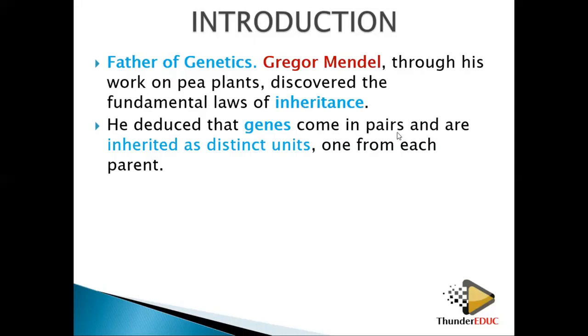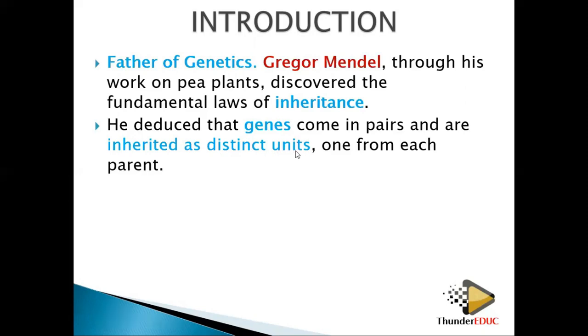A character like height, size, or skin color is controlled by two kinds of genes. So they come in pairs and are inherited as distinct units.